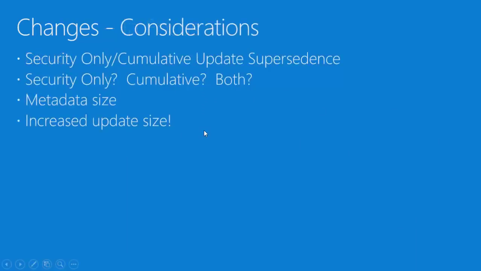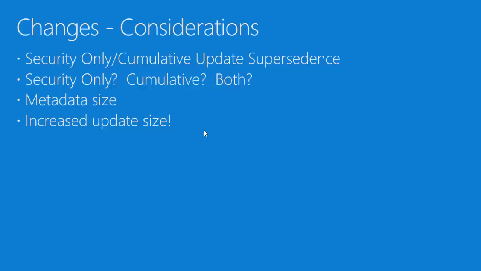So what are the considerations that we would need to have with this new approach to updating? So, security-only cumulative update supersedence. This is one that's been taken care of. It was resolved as of December 2016. But the issue here is when we first released the two different types of updates, the security-only and the cumulative, there was a supersedence conflict.